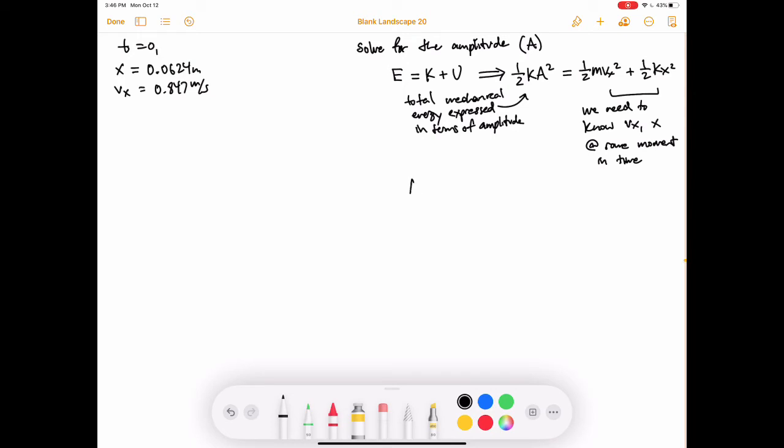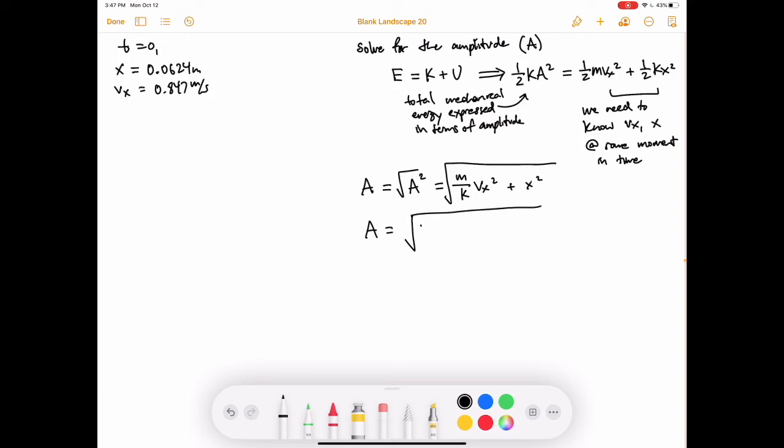And so if we solve for A squared in that equation, basically on both sides multiply by 2 over k, we're going to have m divided by k, Vx squared, plus x squared. And of course, if we want to find A, we should square root both sides. So the amplitude is going to be the square root of m divided by k.